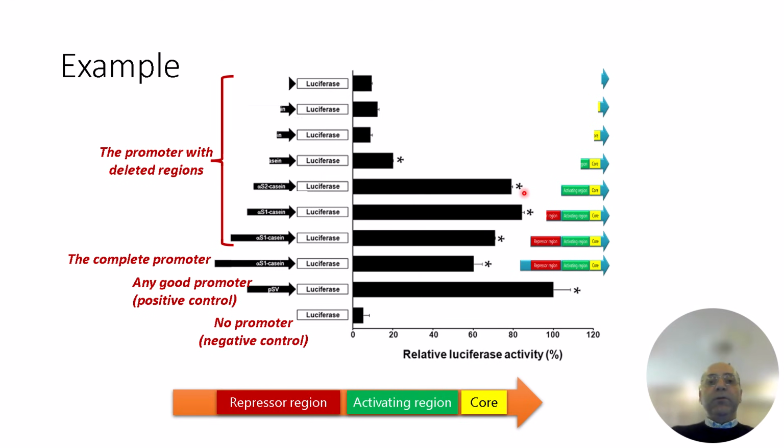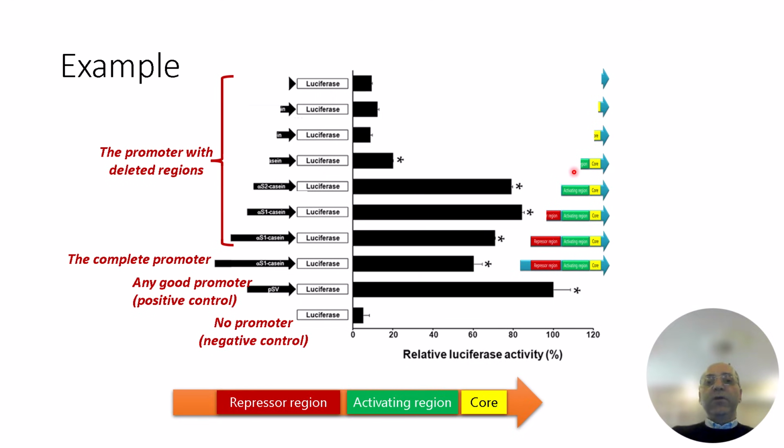Okay, now let's say that I remove this whole thing. This is what I get. Now there's basically no difference between this and that, so this is just experimental conditions. Now I start removing the activating region. What do you think would happen if I remove the activating region? I should see a reduction in expression, and that's exactly what I see.